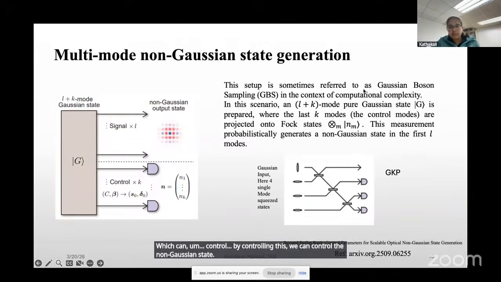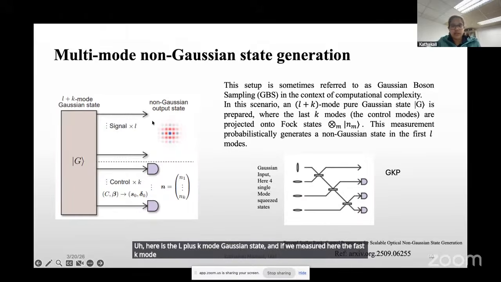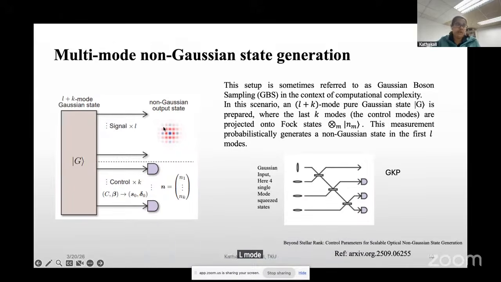This setup is also referred to as Gaussian boson sampling. Here is an L plus K mode Gaussian state, and if we measure the first K modes, then we get L-mode non-Gaussian states.